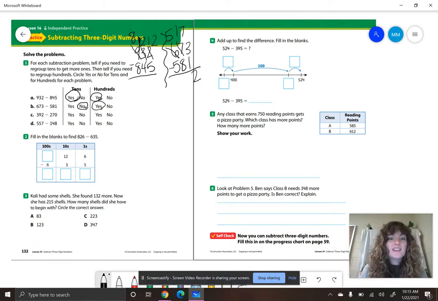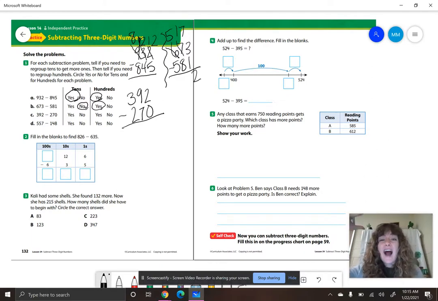Okay, let's move on to 392 minus 270. All right, where do I start, Smarties? In my ones place. So looking at my ones place, in my whole, because I have to subtract from my whole.